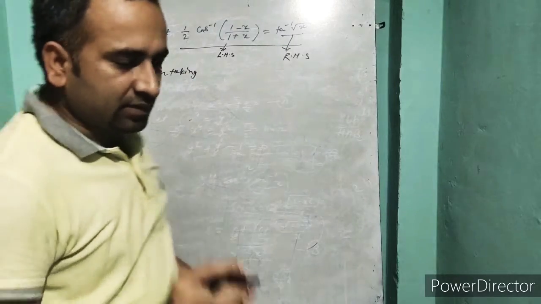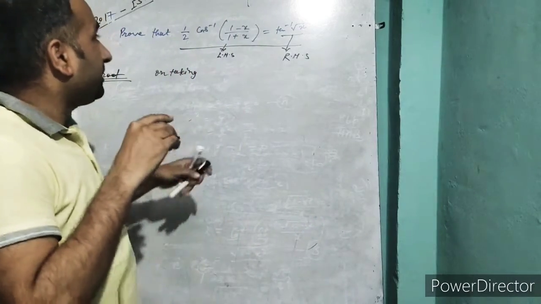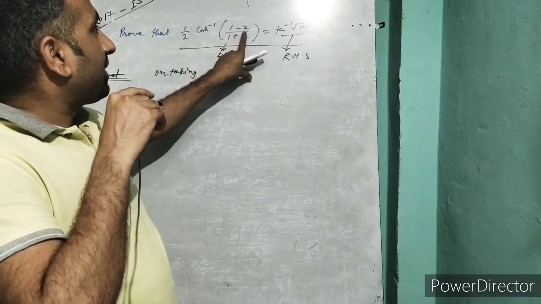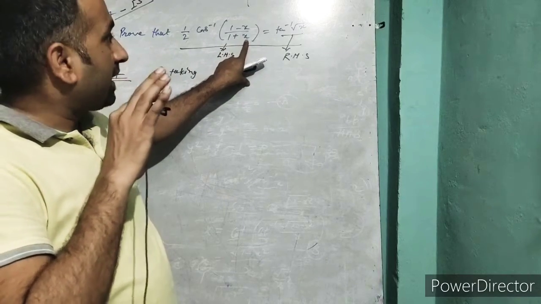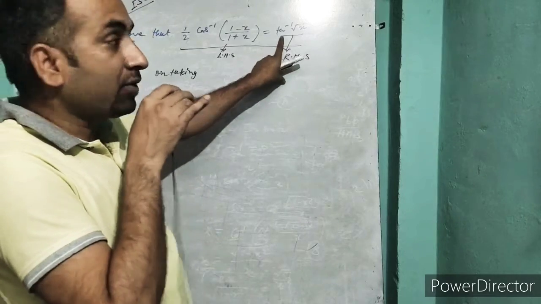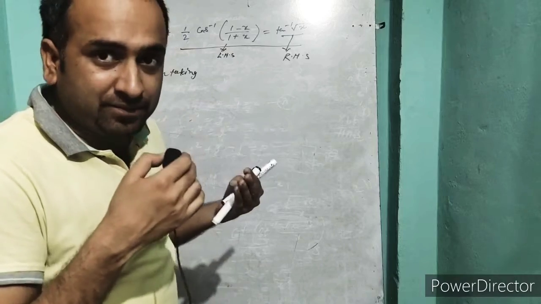Before taking LHS or RHS, I have to tell you something more. Here LHS is 1 upon 2 cos inverse of 1 minus x upon 1 plus x, and here is our answer. If I am taking LHS, our answer should be in the form of tan inverse root x. Is it clear? How will it happen?